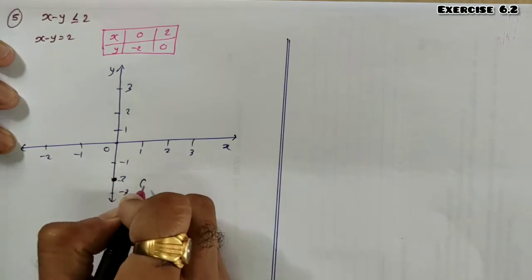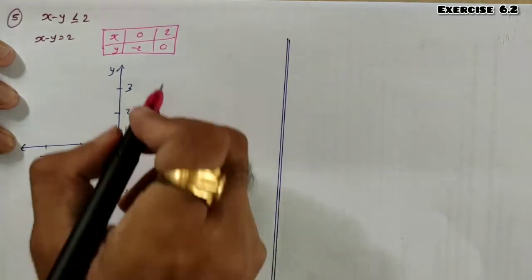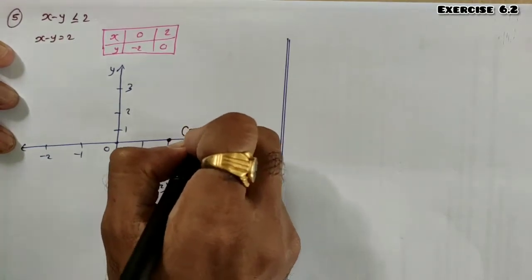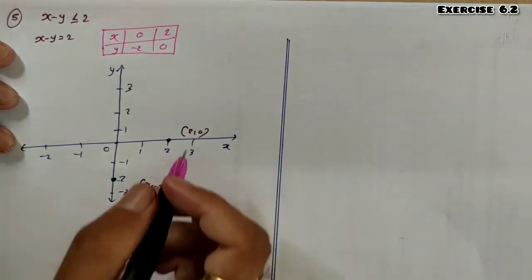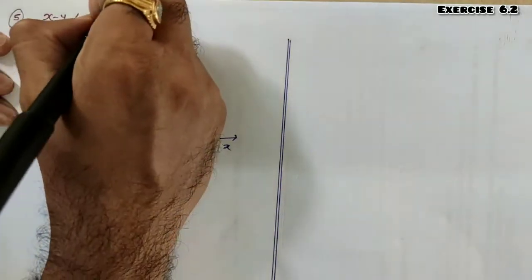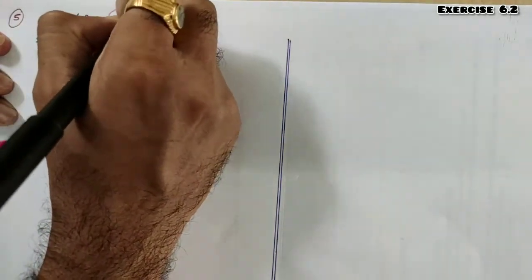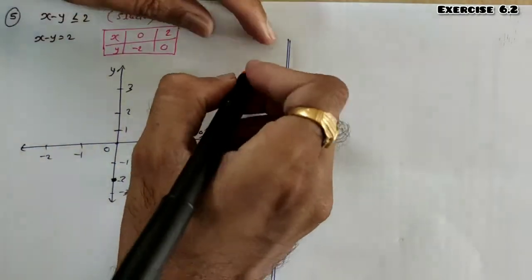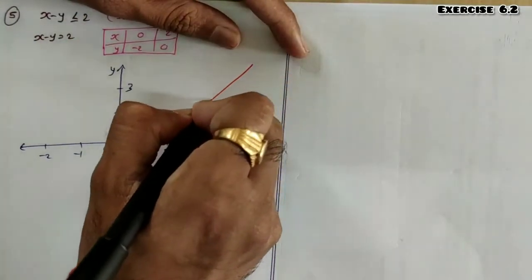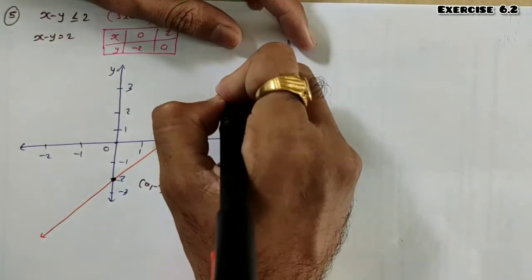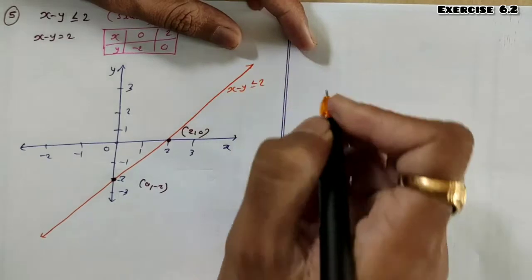So this one, 0, minus 2. x 2, y 0. So we are getting one straight line. Here, which inequality is there? Slack inequality is there. Done. For slack inequality, we have to draw this solid line. So this is the graph of x minus y less than or equal to 2.